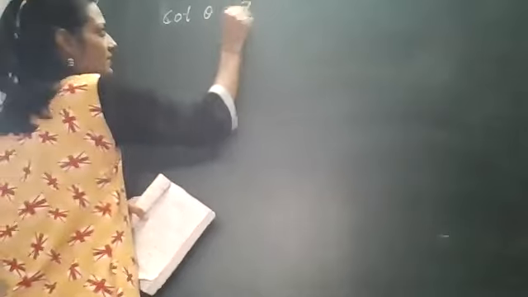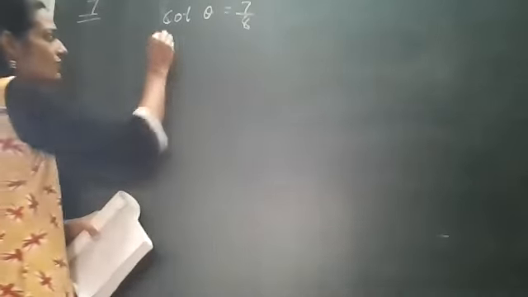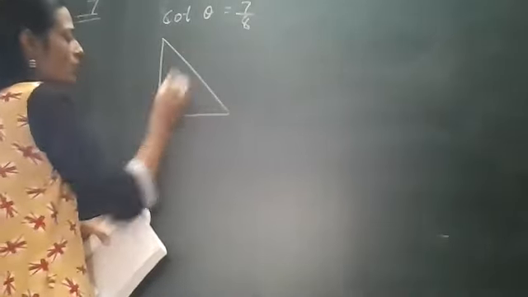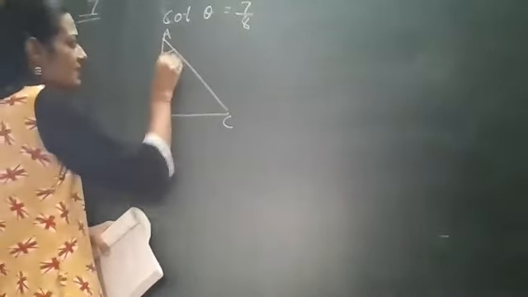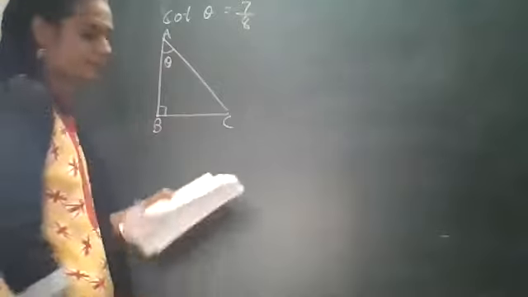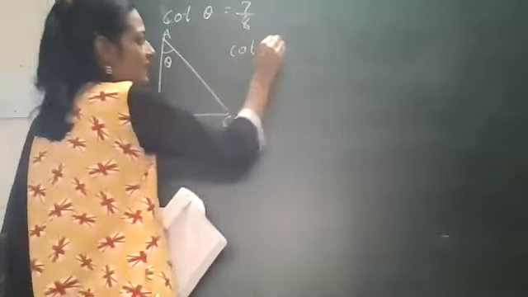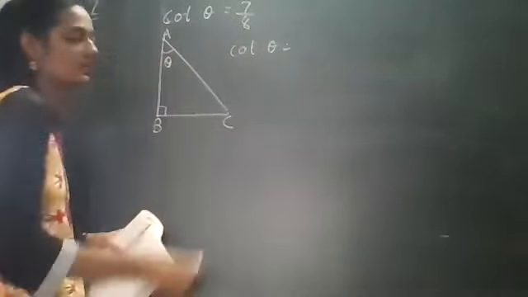So you have been given that cot theta is equal to 7 upon 8. First we draw the figure showing A, B and C. This A will be theta. Now cot theta is equal to what?